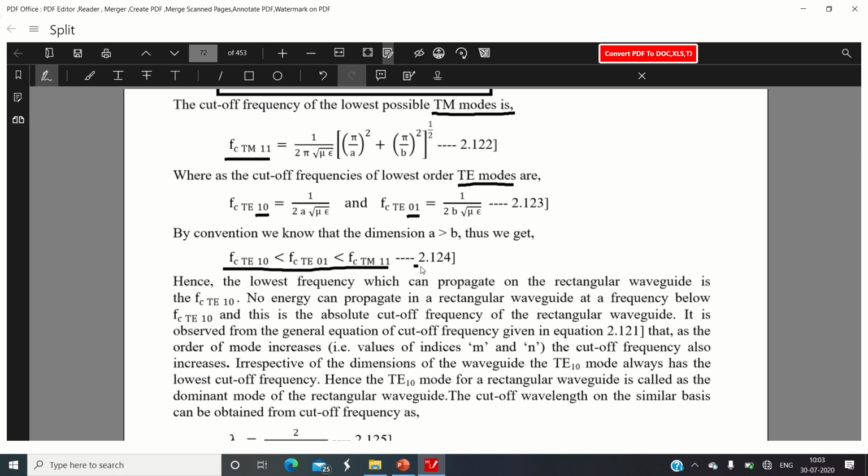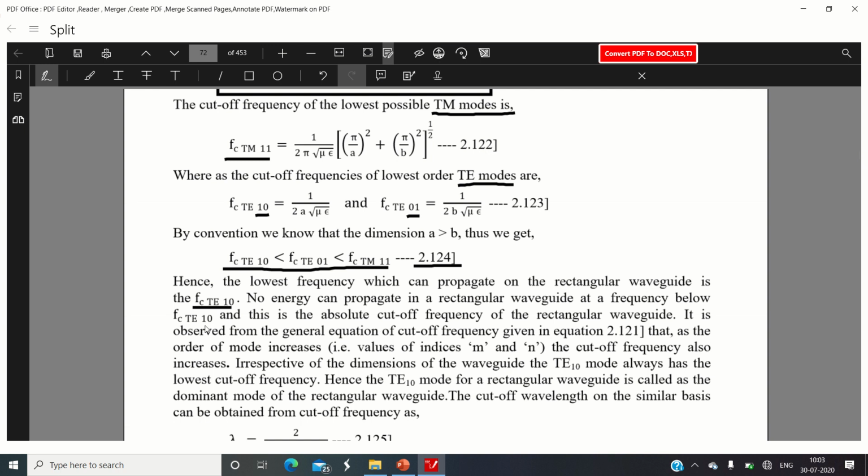So from equation 2.124, we can understand that the minimum frequency with which the signal can propagate through a given rectangular waveguide is TE10 mode, and therefore the smallest operating mode or the cutoff mode of the rectangular waveguide is TE10 mode, right? So please remember that no energy can propagate in a rectangular waveguide at a frequency below this TE10 mode.